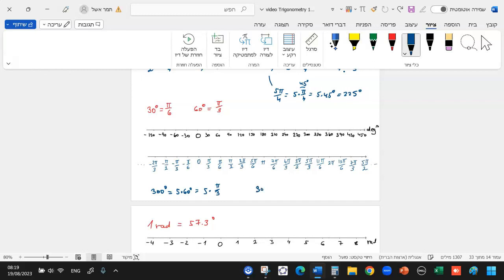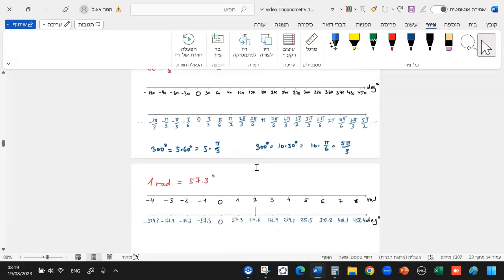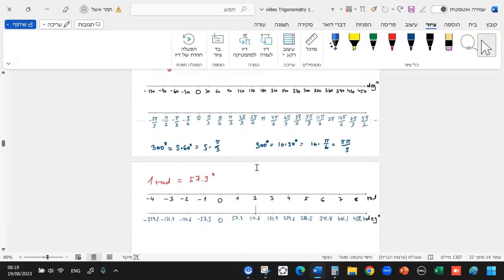We can also write 300 degrees as 10 times 30 degrees, which is 10 times pi over 6, of course, the same as 5 pi over 3. So this is how you can convert without the calculator all these values.